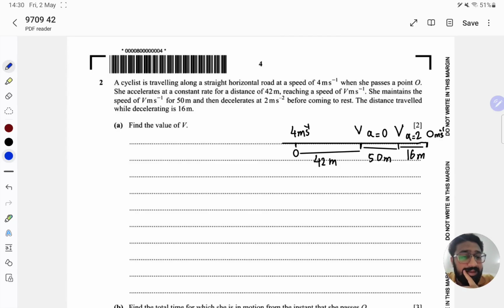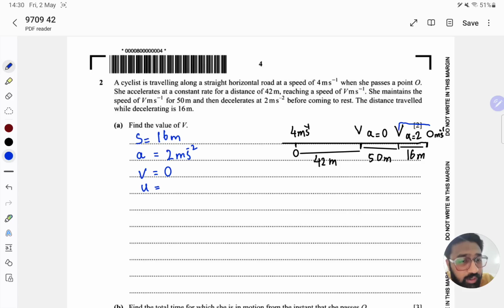If you could see the last portion, the distance traveled in the last portion is 16 meters. The acceleration for the last portion is 2 meter per second square, and the final velocity when he is reaching the destination is 0, and the initial velocity when he is starting, we are not aware of that.